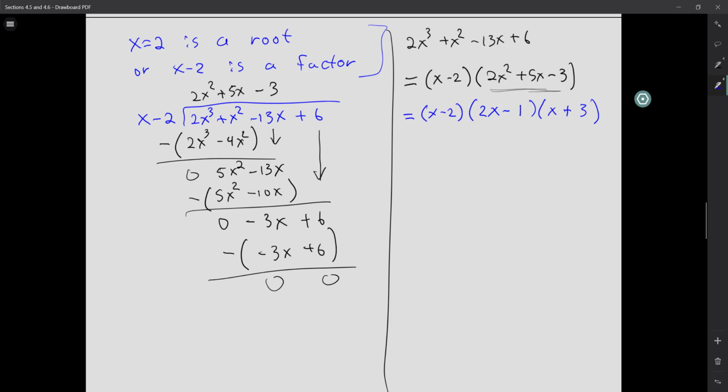Now what we could have done is at this stage I could have repeated the rational root test, which we would need to do if I start off with a very large degree polynomial. So if I started with a degree 5 polynomial, I could do rational root test. That would decrease me down to a degree 4 polynomial. And then I would have to do rational root test again, unless I had a really nice looking polynomial.